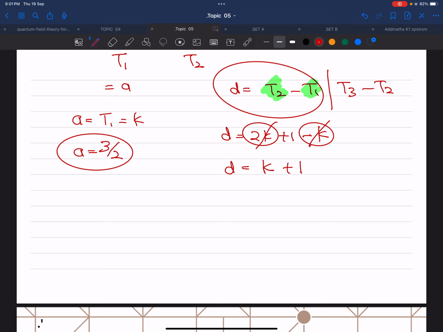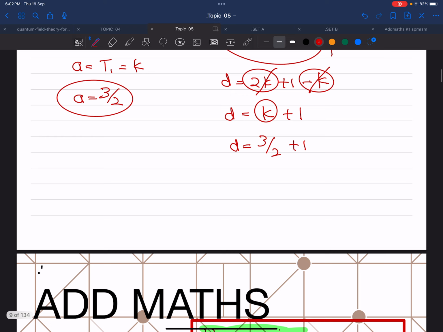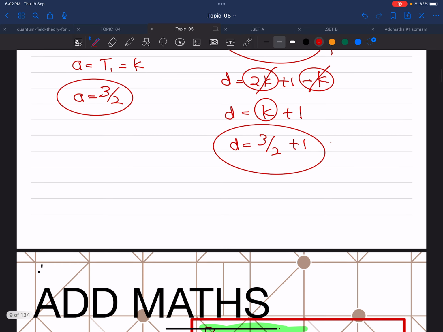Now we got our D. All we have to do is substitute K, which was 3 over 2. 3 over 2 plus 1, and of course this is the same as 3 over 2 plus 2 over 2.